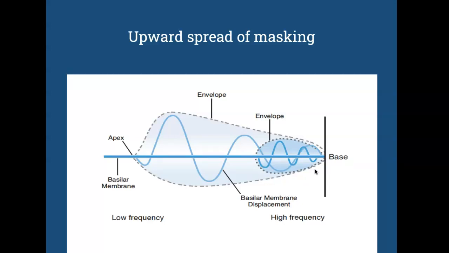So the upward spread of masking is essentially when you have a low frequency signal of sufficient intensity that masks out high frequency signals. It's an upward spread in frequency, but really a downward spread along the basilar membrane. A low frequency signal will mask a high frequency signal with much more ease than a high frequency signal can mask a low frequency signal, and that's shown in this visual, because all low frequency signals pass through the high frequency region.